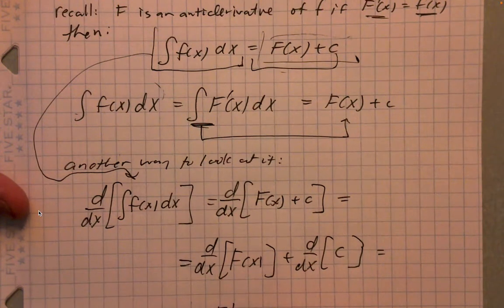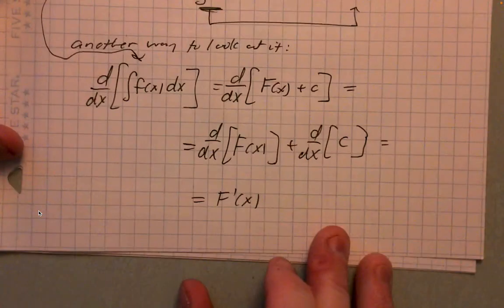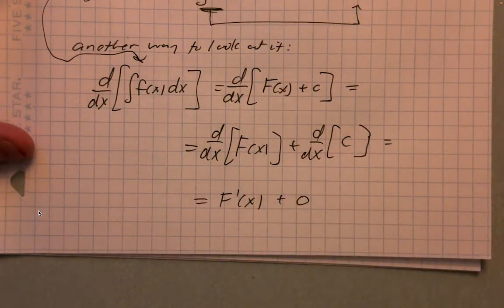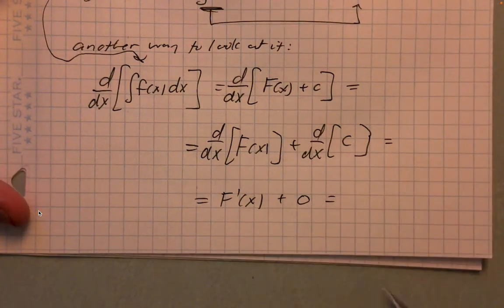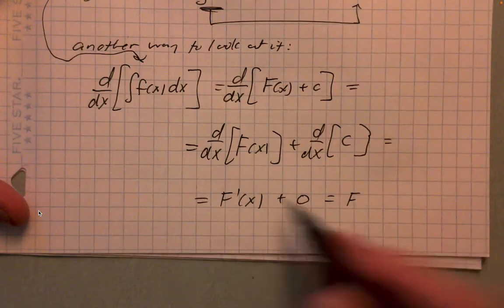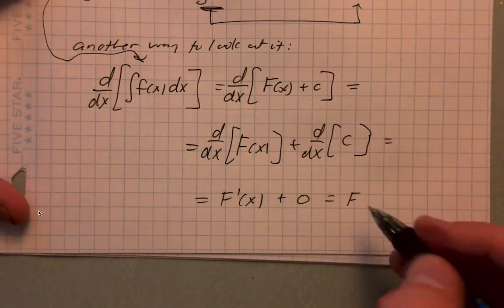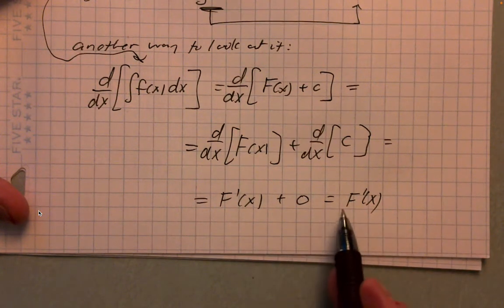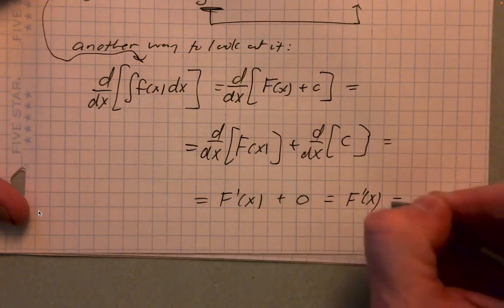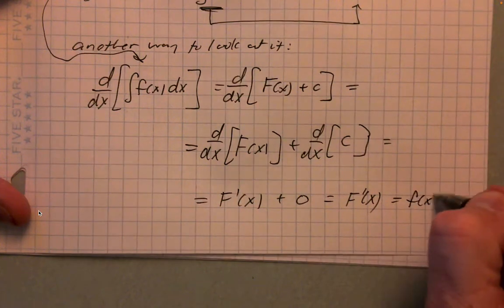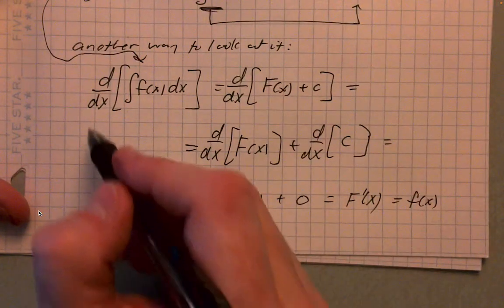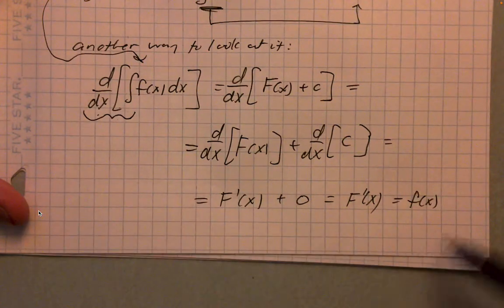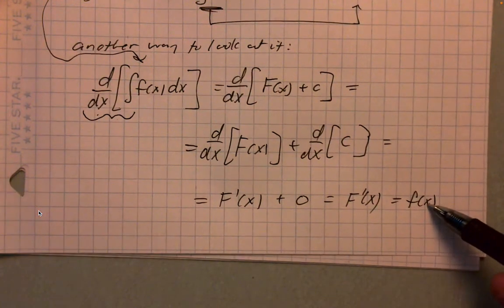That's just little f of x. Okay, what's the derivative of the constant? That's just 0. And what do we know? Well, big F is an antiderivative of little f. And so that means when I differentiate big F, I need to get back to little f. Right? And so this piece here, when I differentiate the integral, I get back to the original function itself.